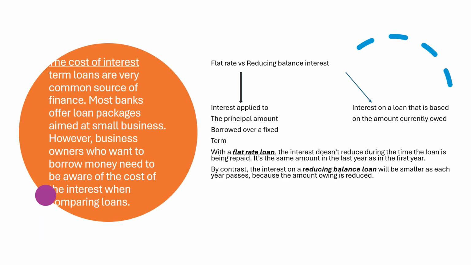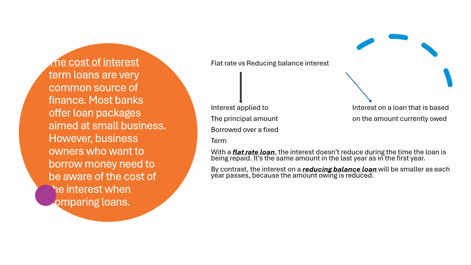So let's talk about term loans. When a business takes a term loan, what sort of interest is it supposed to pay? There are two types of interest on a term loan: flat rate interest and reducing balance interest. Under the flat rate method, interest is calculated on the full amount borrowed, the principal, for the entire loan term.